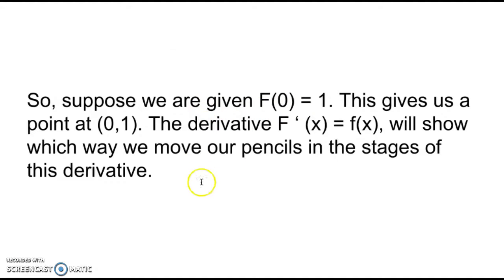This gives us a point at (0, 1), and the derivative F prime of x equals f of x will show us which way we move our pencils in the stages of this derivative. And this is a place to start. In the next example, we'll use the principles of this chapter to show how to graph capital F even when we don't have a formula for f. An example of this would be f of x determined by experimental data.